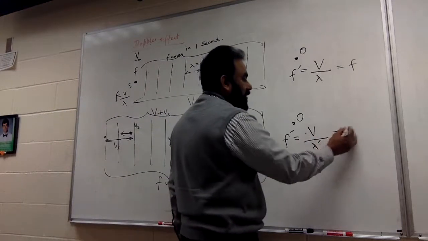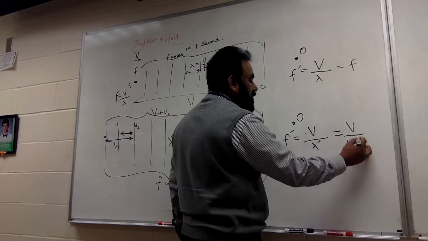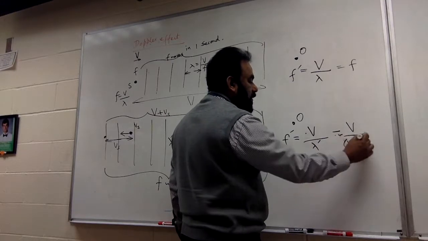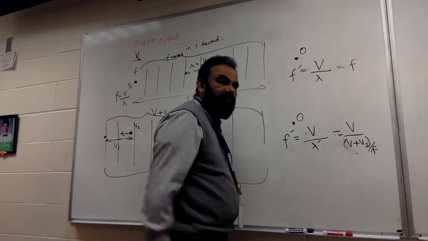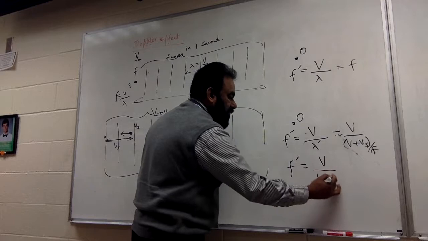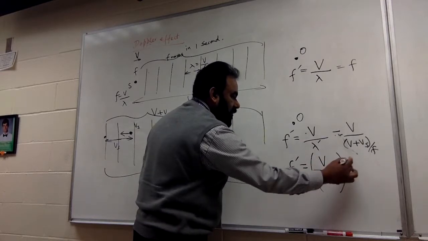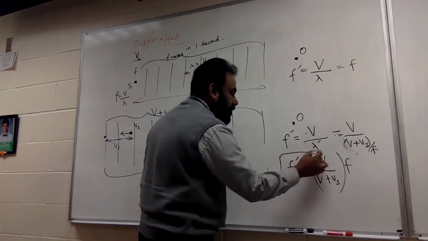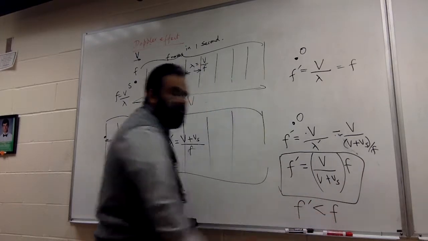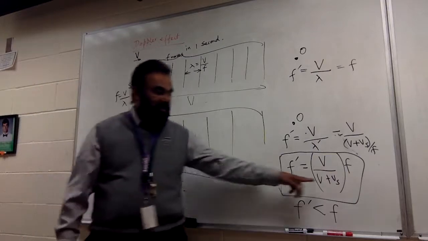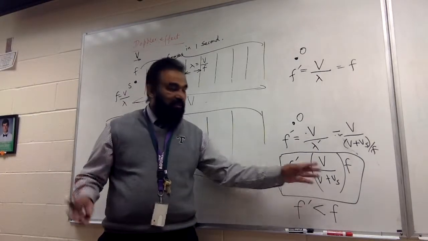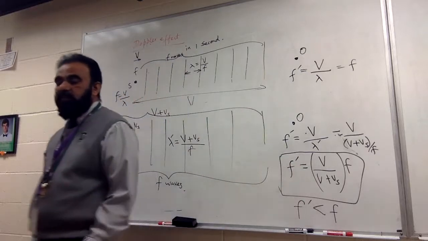So it's going to be V over V plus Vs over F. So the equation becomes F prime is V over V plus Vs times F. So F prime is going to be smaller than F. Why smaller? Because the denominator is bigger. You get it? The denominator has gone up, therefore the frequency has to go down. Any questions on this?